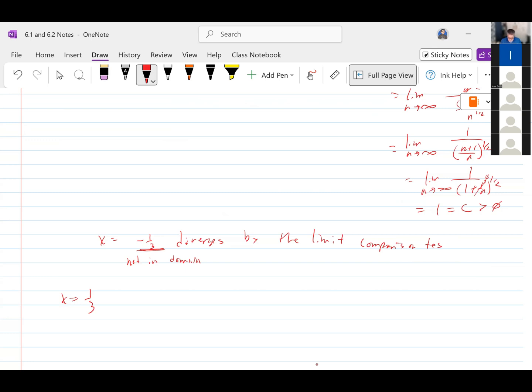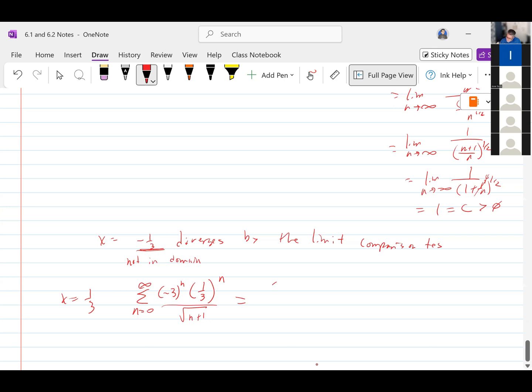Okay, we have the summation n equals 0 to infinity of -3 to the nth times 1/3 this time to the nth, all over the square root of n plus 1.